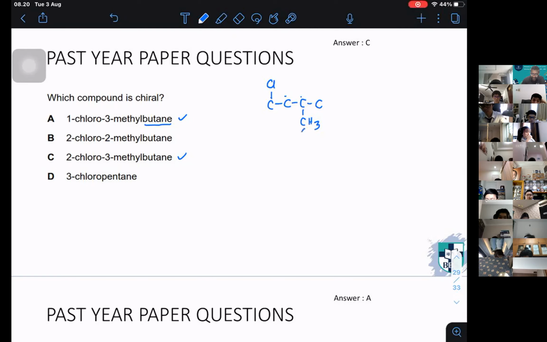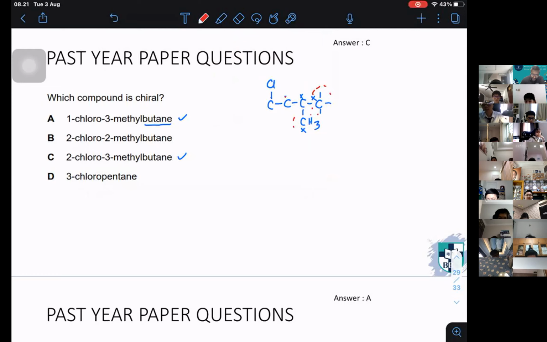You see here, this is not a chiral center. Why? 3 hydrogen, not a chiral center. This is not a chiral center either. Why? If you look at the right, this entire thing is going to be CH3, and this entire thing is also going to be CH3. Cannot.